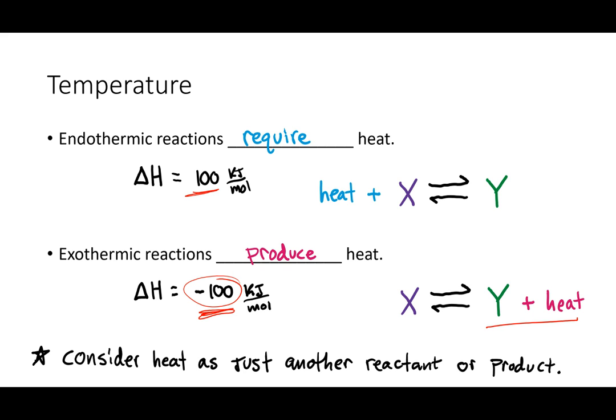You don't have to balance this heat because it's not necessary due to the law of conservation of mass, but it is there still. Okay, so consider heat as just another reactant or product, and it makes a lot more sense. You can see it the same way as we just did with concentration.